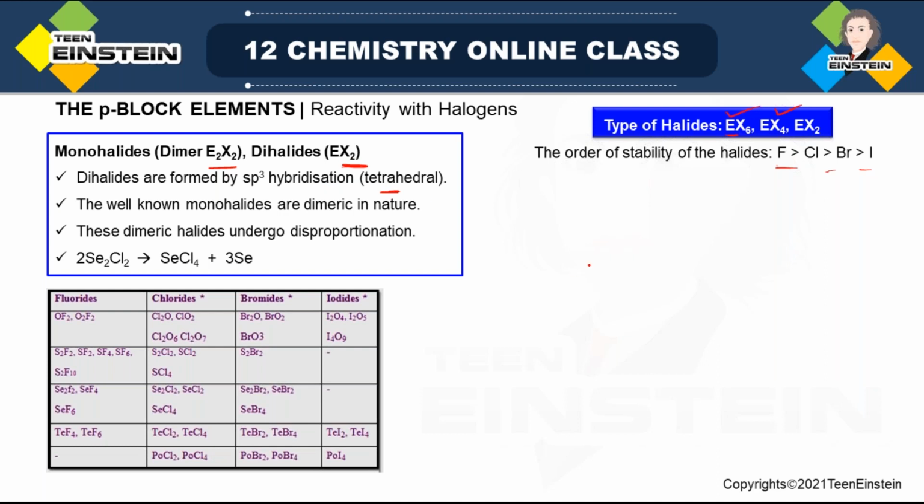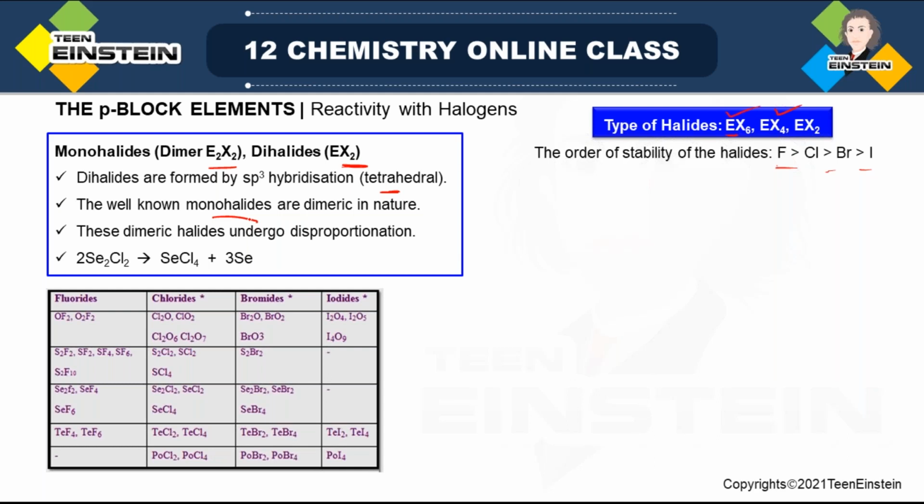And when it is sp3 hybridization, it is tetrahedral, but there are only two halogens. Tetrahedral geometry means 4 coordination, so in the other two positions there must be lone pairs. And when we consider the monohalides, the type EX, they mostly remain in the dimeric form.